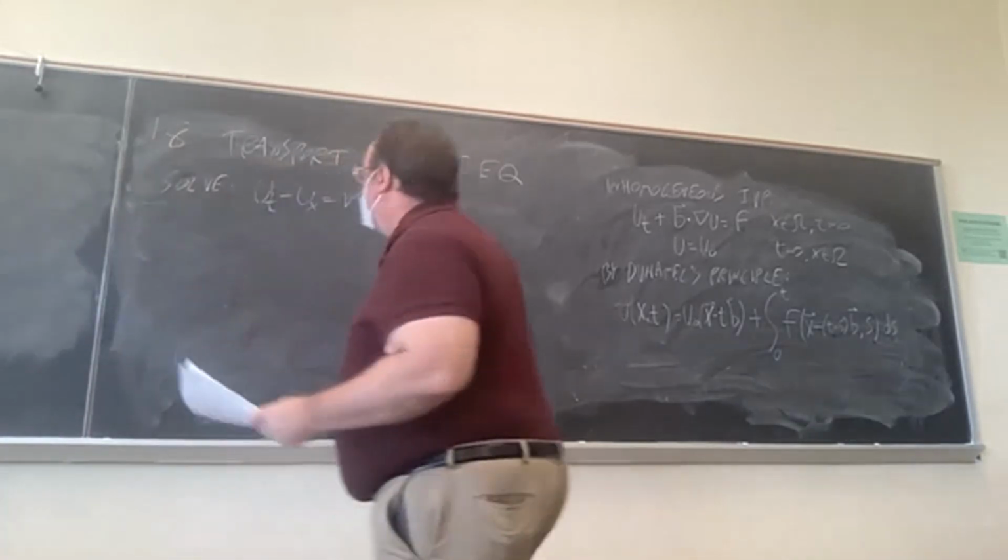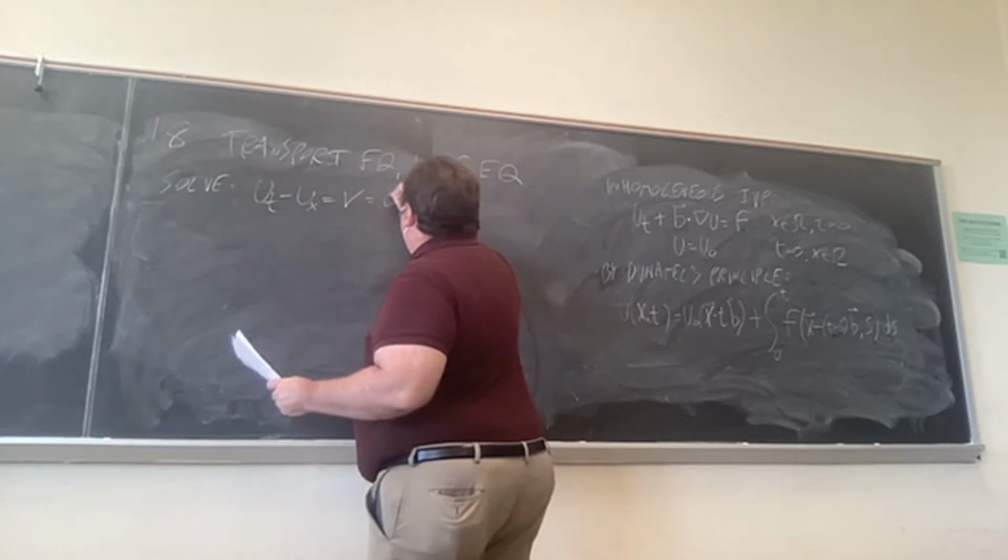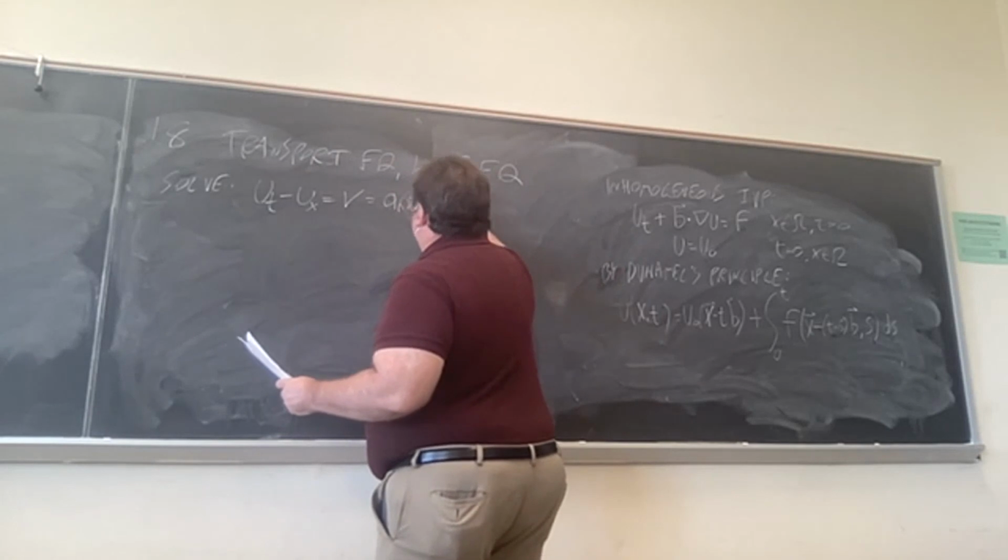That's the equation that defined v in the first place. But that is equal to a of x minus t.